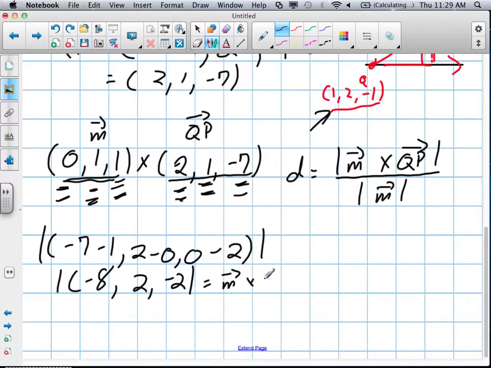So that was our M cross QP. We're going to plug this into our formula. Now remember, to find the absolute value of a coordinate, we put it into our formula a squared plus b squared plus c squared.